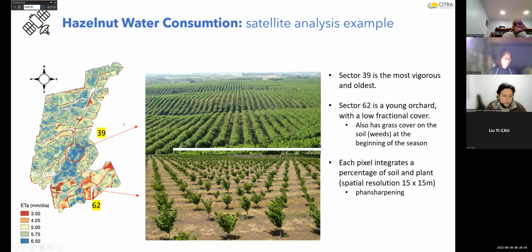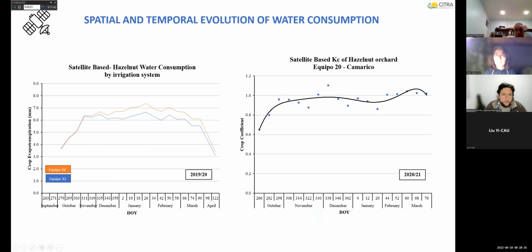This is possible to analyze with the METRIC model in values, but also by seeing this map at pixel scale. And the second plot is a young orchard with a low fractional cover. When we analyze the spatial and temporal evolution of the water consumption, we see this variation in crop evapotranspiration across two different irrigation systems in the field.